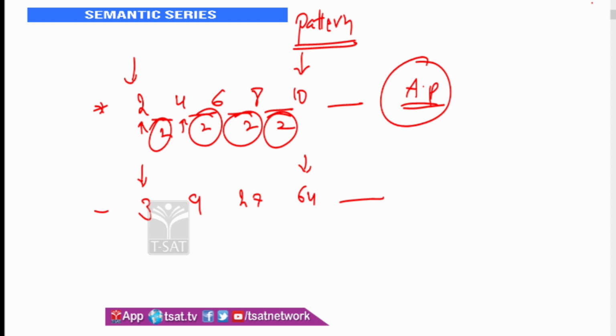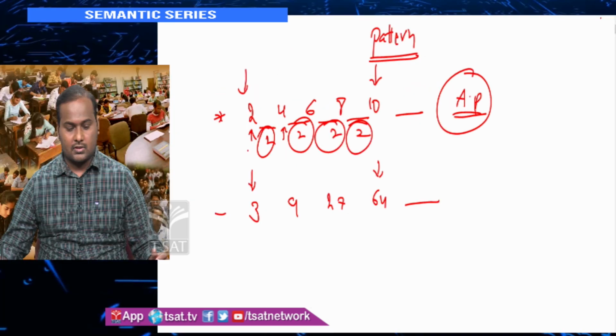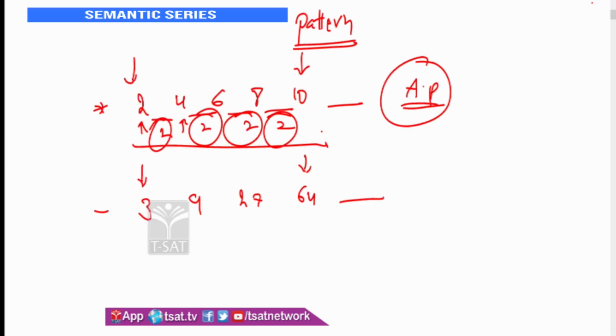So whenever the increase is very small, we take the difference, and whenever the jump is huge, we can say it is in the process of GP, geometric progression.